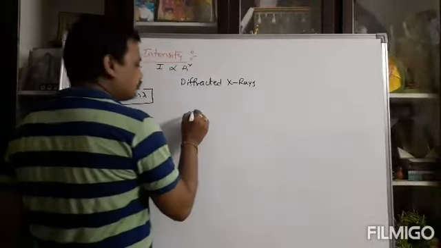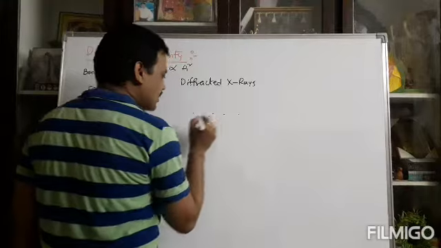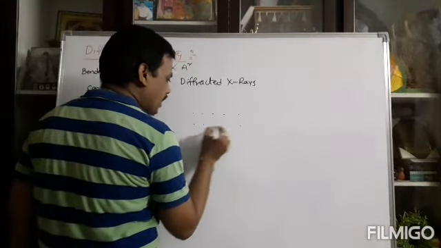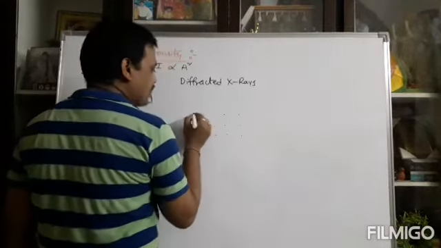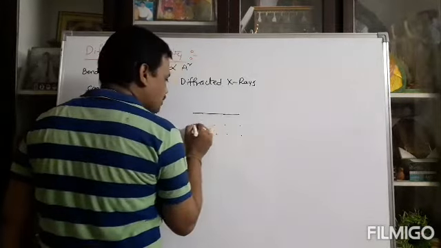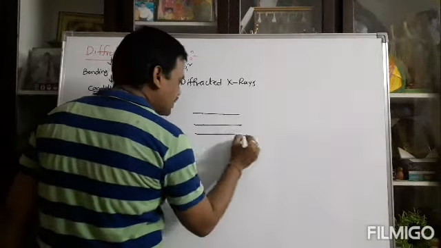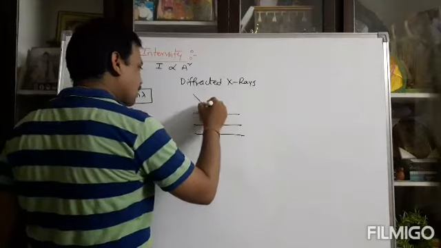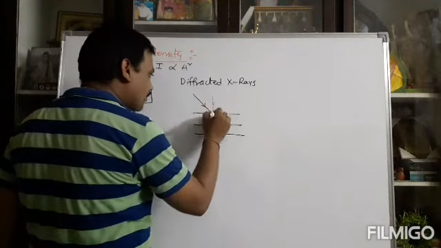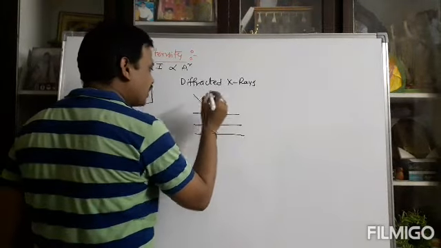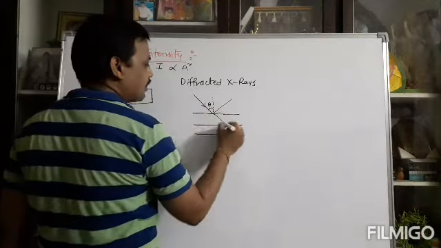Generally, you have one crystal. A crystal is a combination or periodical arrangement of lattice points, or otherwise, a combination of lattice planes. X-rays incident like this at a particular angle of incidence, theta, may be diffracted like this.